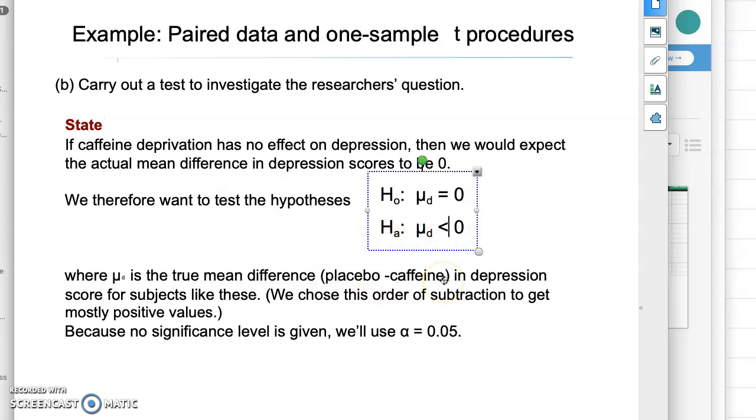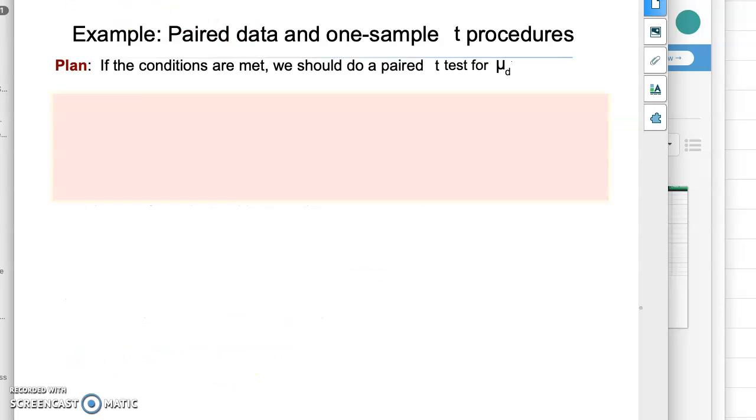Placebo minus caffeine, we think there's going to be less depression with caffeine, I think. Okay. Let me do that one more time. Placebo minus caffeine is greater than 0. That's what we're hypothesizing. Okay, because no significance level is given, we'll use 0.05.